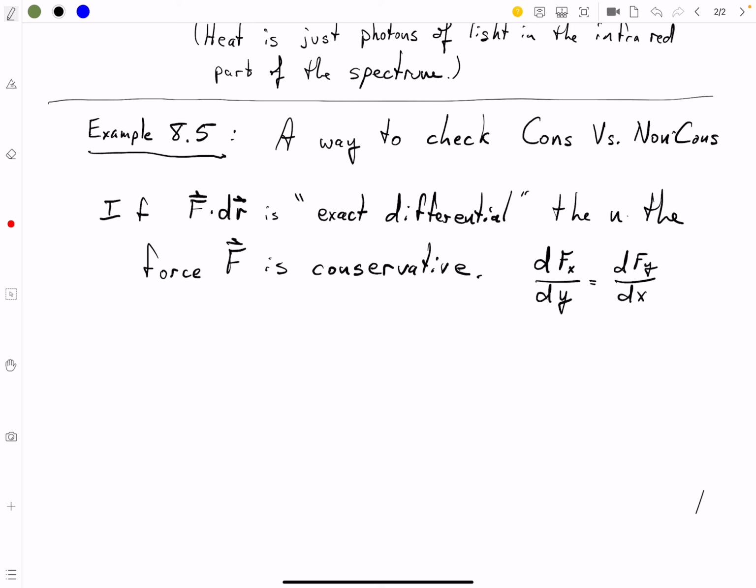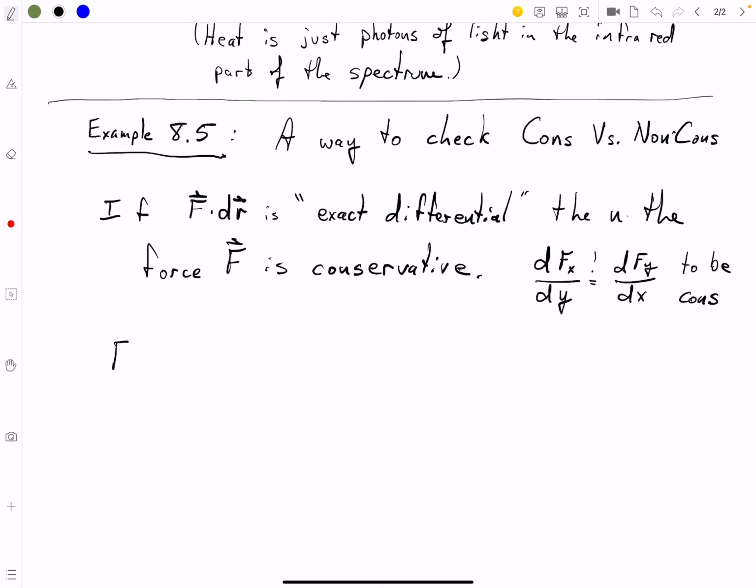If that's true, this must be true to be a conservative force. Okay, and that is equation 8.10. But let's just go into our example real quick instead.